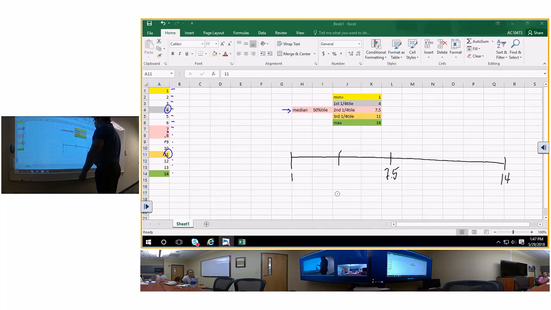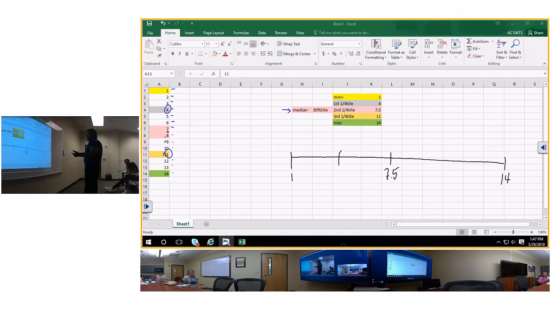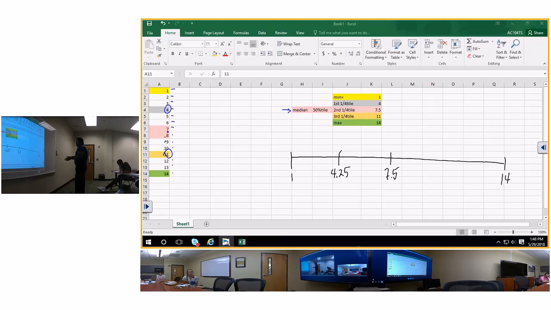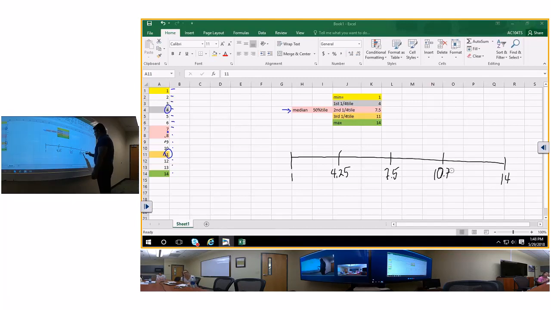Okay? 1 plus 7.5 is 8.5. What's 8.5 divided by 2? 7.5 plus 14 is 21.5. What's half of 21.5? 10.75. And now you can go 5.